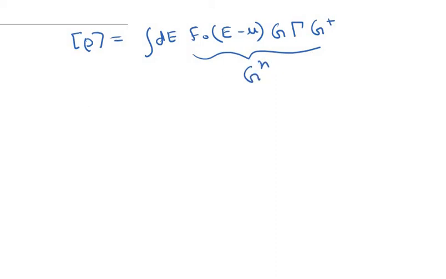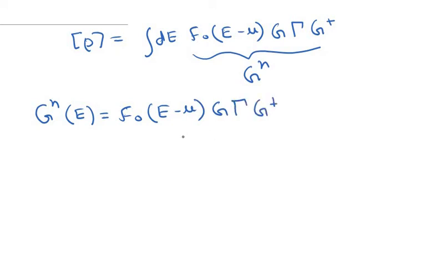And so this matrix Gn is given by f0 G gamma G dagger. So this is a function of energy. Okay, and this is directly related to the density of electrons at energy E. So the density of electrons at energy E is directly given by the trace of Gn.